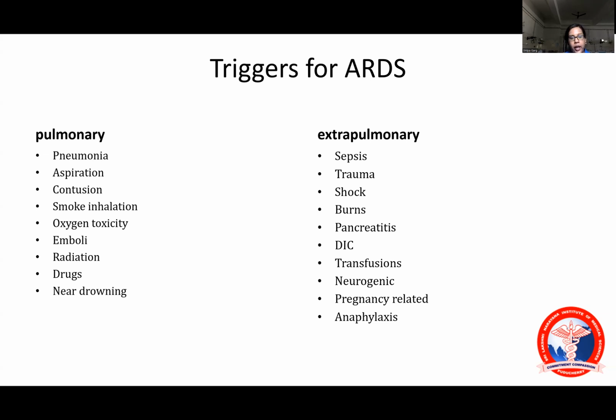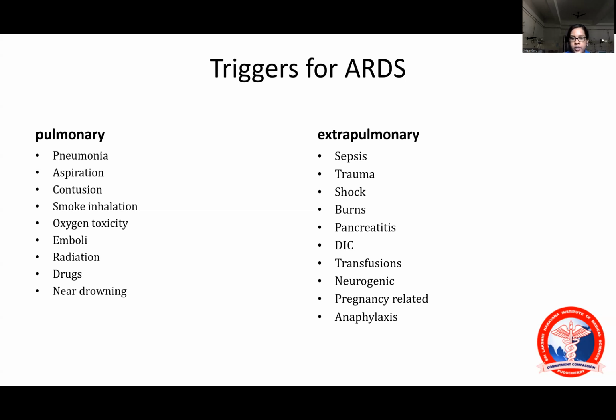It includes pneumonia, aspiration pneumonitis, lung contusions, smoke inhalation, and oxygen toxicity to the lungs, if the patient is on a mechanical ventilator with 100% FiO2 for a prolonged period. It also includes pulmonary embolism, radiation to the lungs for any type of carcinoma, drugs like bleomycin, which can cause fibrosis of the lungs, or near drowning. These all contribute to pulmonary causes.